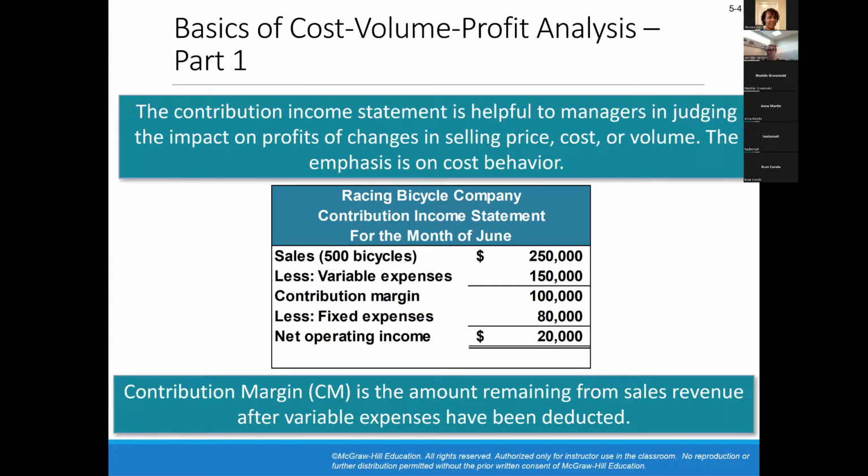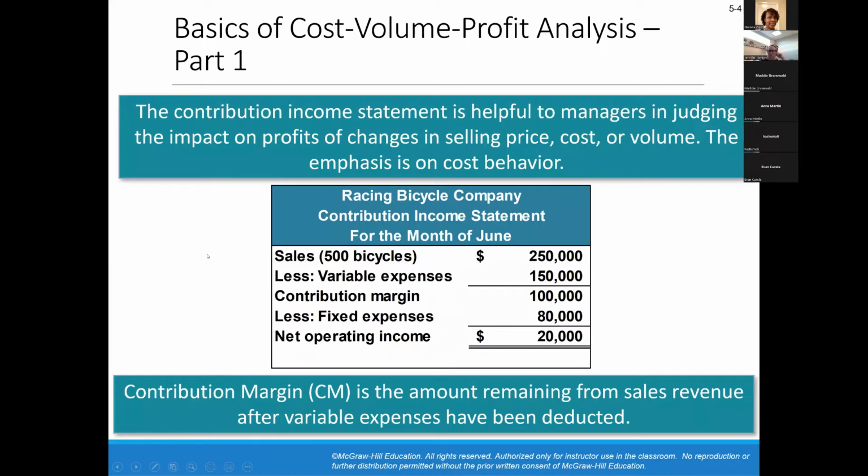This format helps them see that very easily, and they can make decisions easily. So this mainly is used for internal purposes, and it would be converted to a regular income statement format if they were going to issue the financial statements externally.